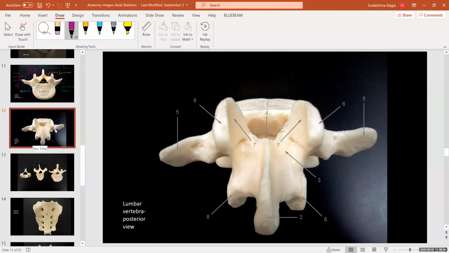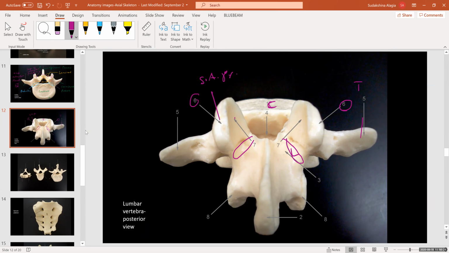So now the same lumbar vertebra from the posterior view here. In the posterior view, still the same thing, you can see the centrum. We can see the laminae. You can see the transverse processes. You can see the superior, number 6 basically, the superior articular process.